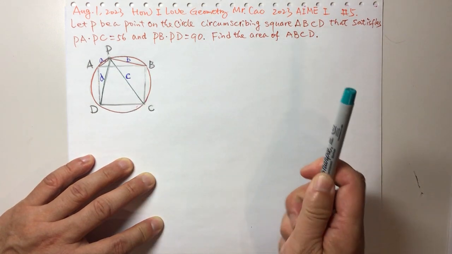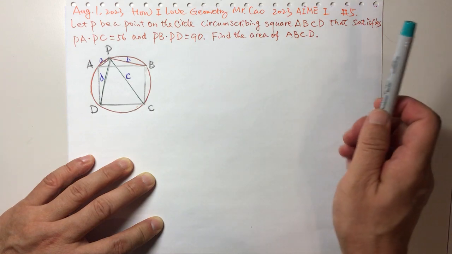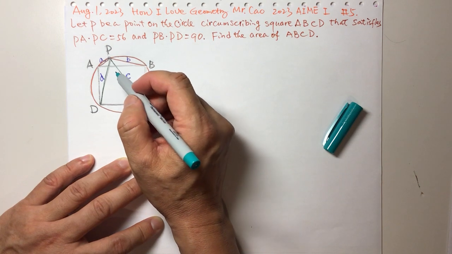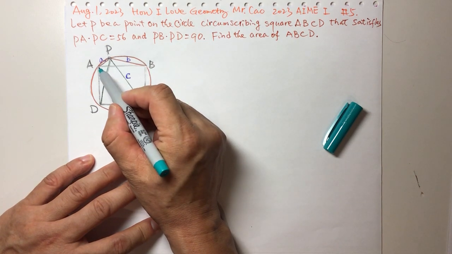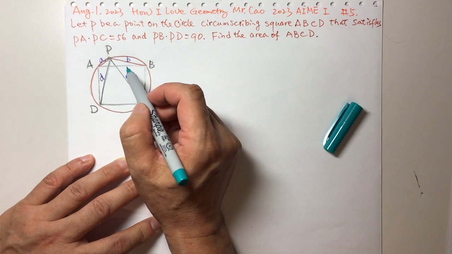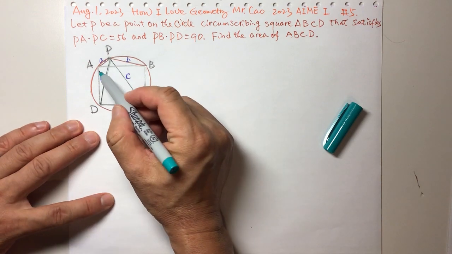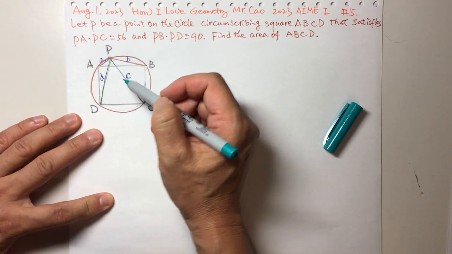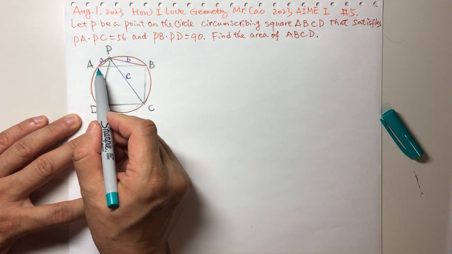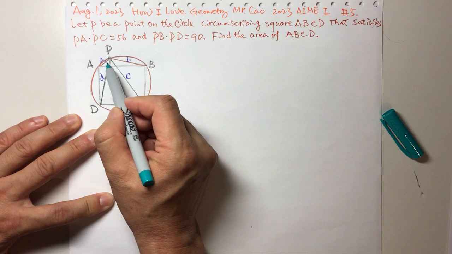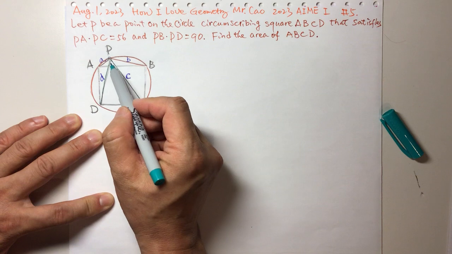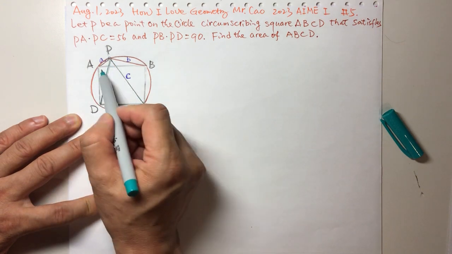So this problem lets us find the area of square ABCD. We just need to find the side length of this square. Since ABCD is a square, we easily think about AC.